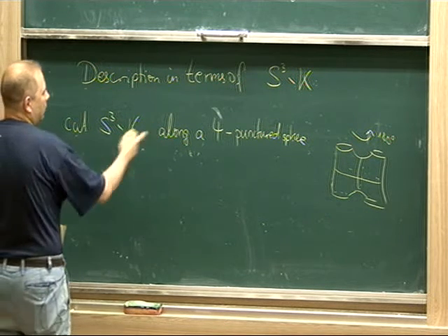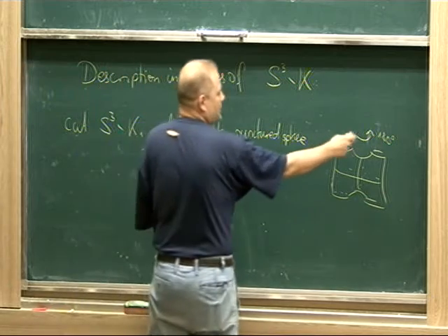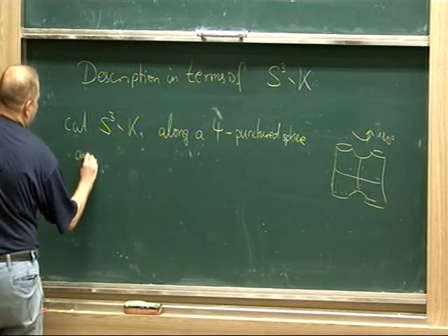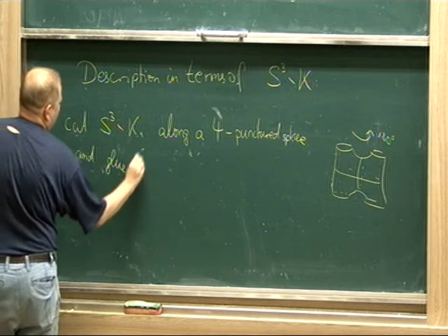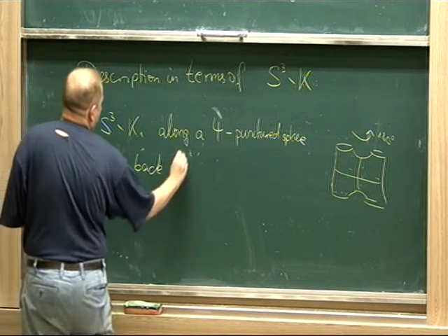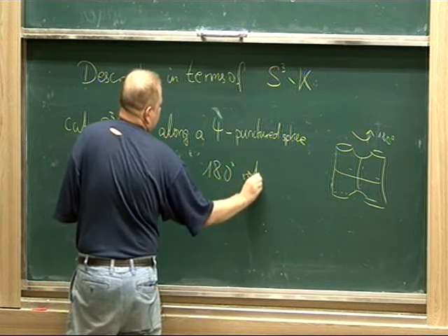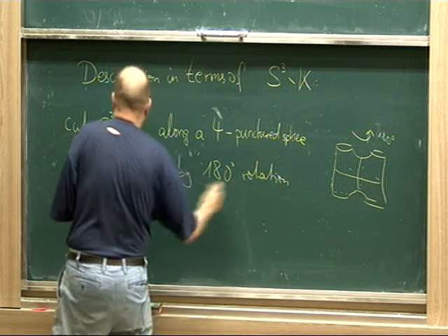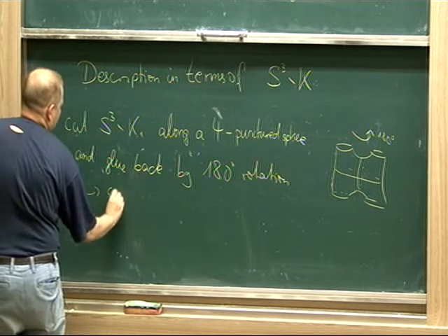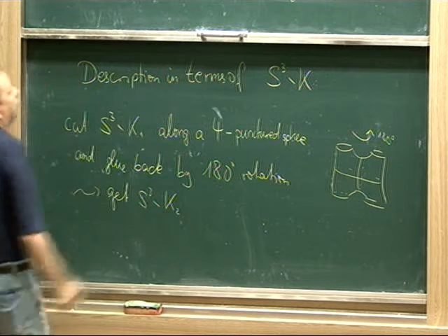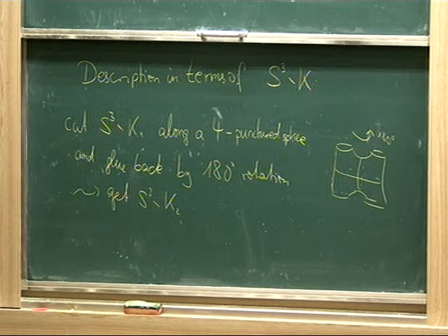So you have cut along the sphere, and then you glue back by some rotation by 180 degrees. And then you get the complement of this mutant knot.